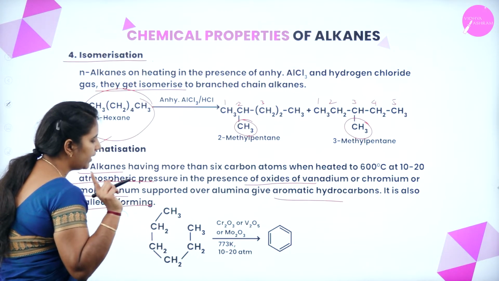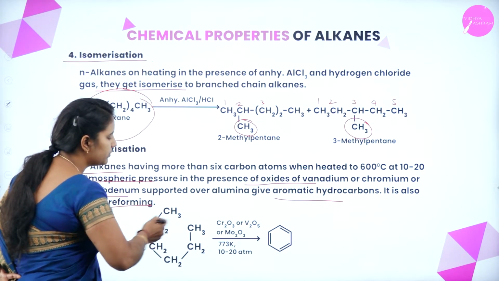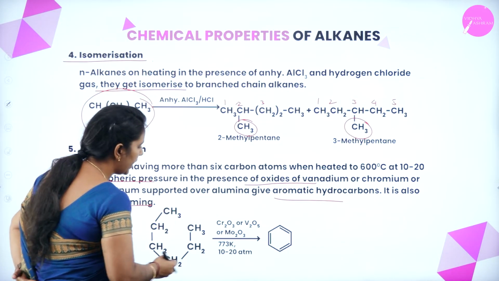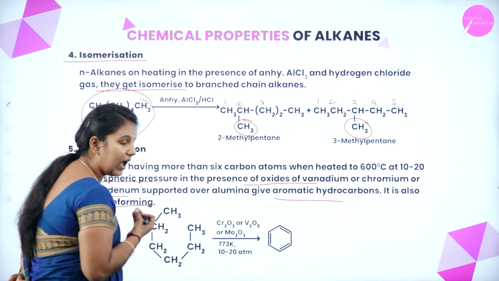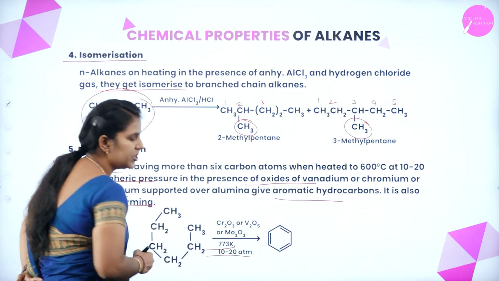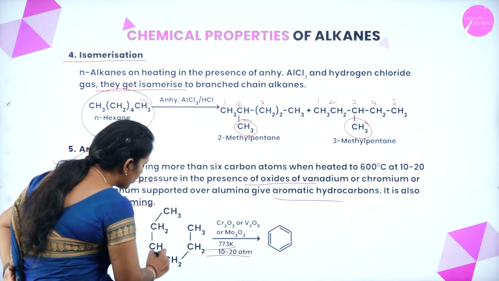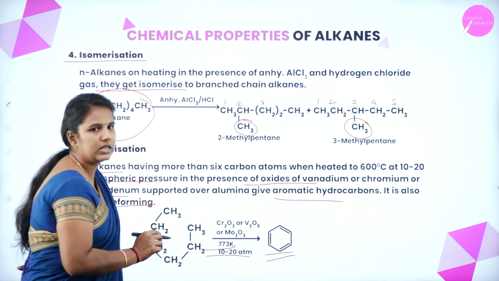Remember, this is not a cyclic carbon chain. It is allowed to react with vanadium pentoxide, chromium oxide or molybdenum oxide supported on aluminium at a very high temperature and a pressure of around 10 to 20 atmospheres. This undergoes reformation and results in the formation of a benzene ring.